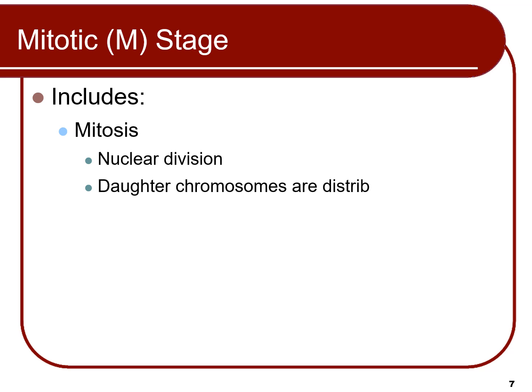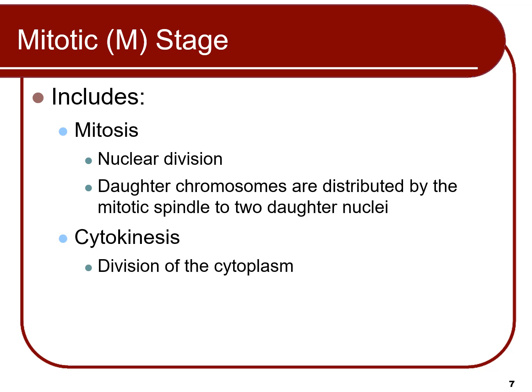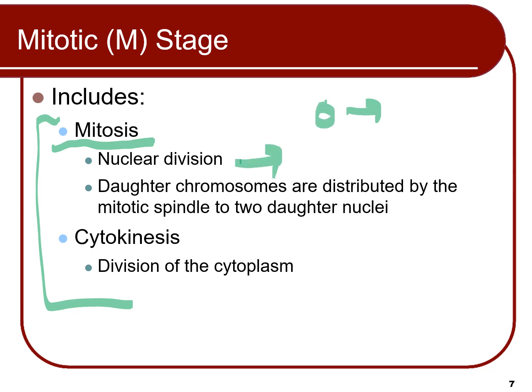That brings us to mitosis, or the M phase, mitotic phase. They all mean the same thing. And the M phase of the cell cycle has 2 parts. And usually they're kind of considered together. Mitosis is the actual division of the nucleus. So that's taking 1 nucleus and forming 2 nuclei.